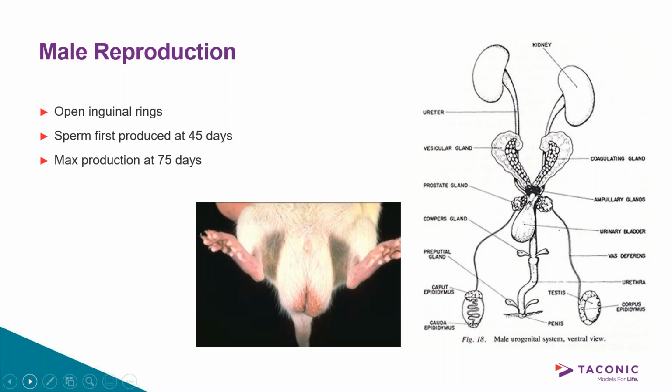As far as development of the male, they reach puberty and start producing sperm at about 45 days, but really they get max production when they're about 75 days old. So if we're collecting males or setting them up for an artificial reproduction procedure like sperm collection or rederivation, we would want to be in that max range. These numbers are based a lot on the Sprague Dawley or the Fisher, so there is going to be some strain variability.